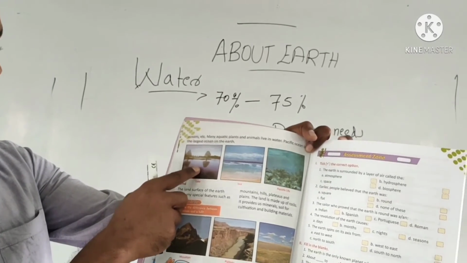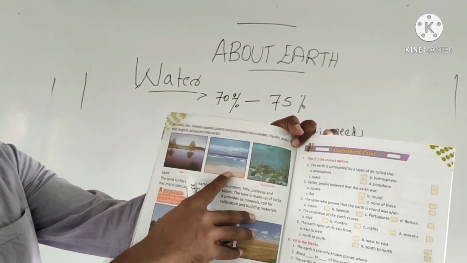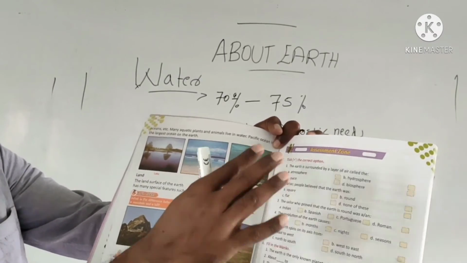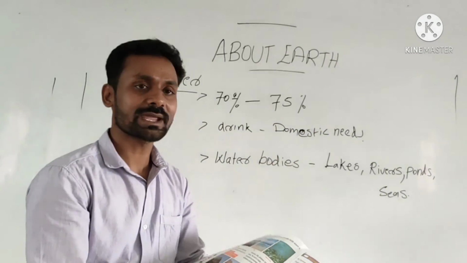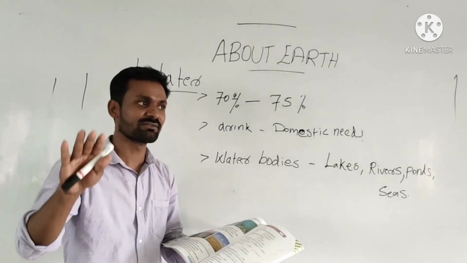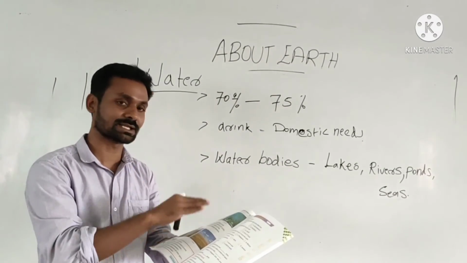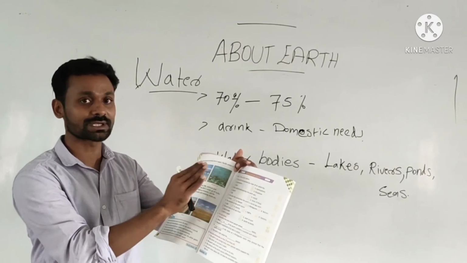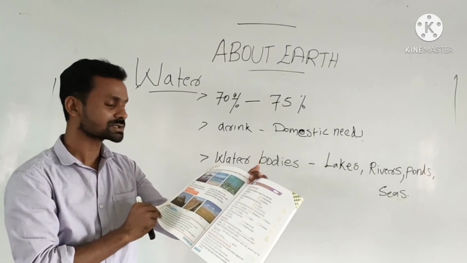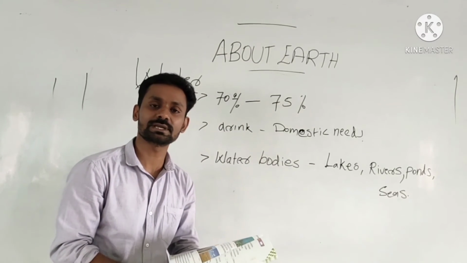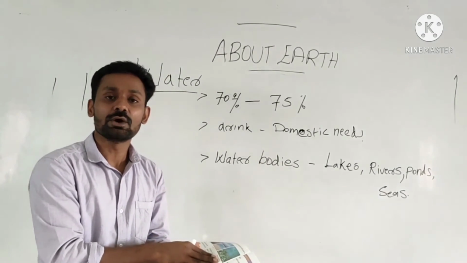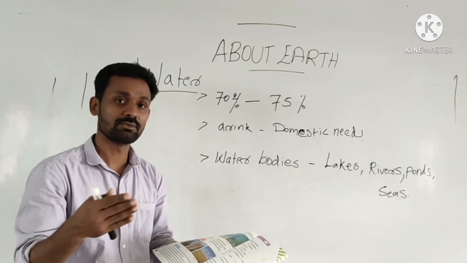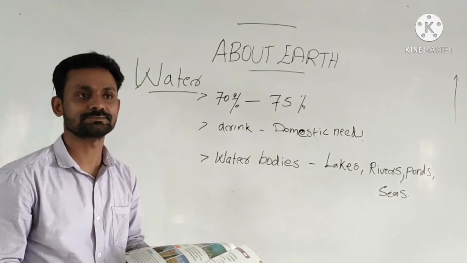This is the sea, and aquatic life means inside the sea there are different varieties of fish and other creatures. That is called aquatic life. So, which is the largest ocean? Pacific Ocean is the largest ocean in the world.